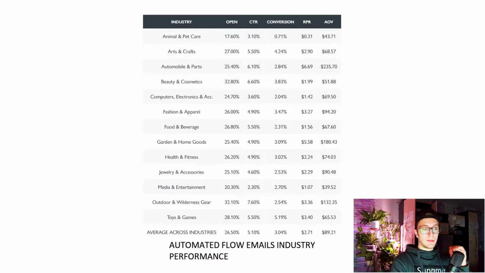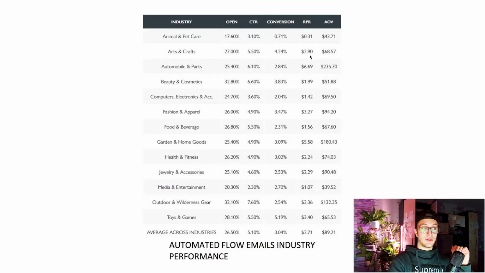Now, automated flow emails across the industry. Animal pet care 17.6, pretty decent. 3.1, that one is also pretty good. Conversion, not very high, but again, guys, it's across the industry. Most pet brands suck.